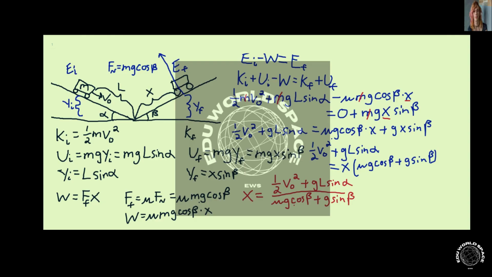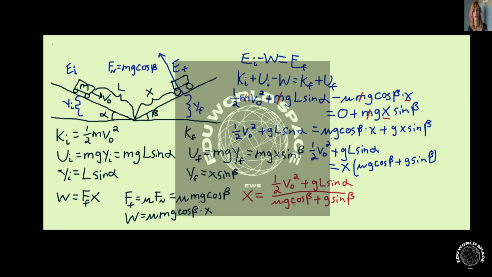Now if this problem gave you numbers, which it didn't, but if it had numbers for the initial speed v0 and for the length L and for the angles alpha and beta, we would be able to plug it in and get a value for x. But we haven't been given any numbers. We're just working symbolically this whole time, so this is as far as we can go.